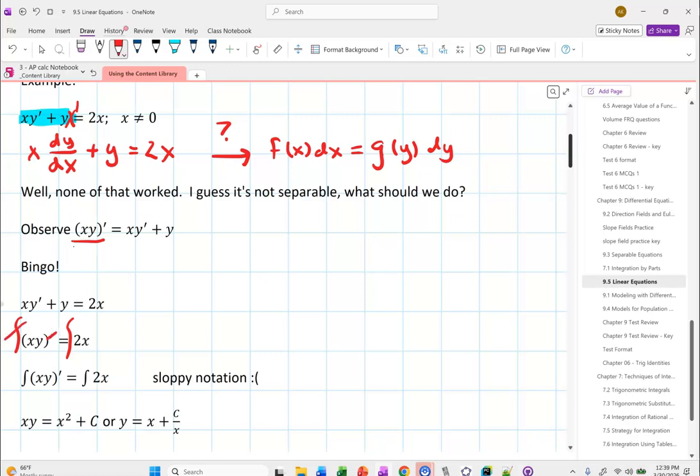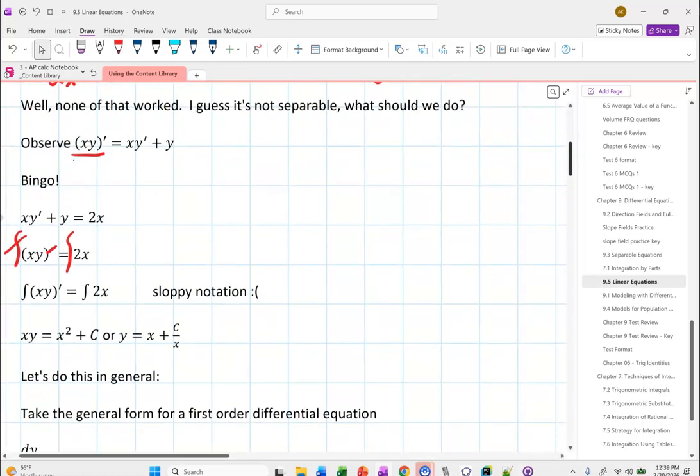The integral will cancel the derivative, and I'm home free. Everybody's okay with that idea? Now, in this specific example, it was tailor-made that the left-hand side just condenses down to a product rule derivative. That won't necessarily always be the case. So what we're going to do is we want to find a function that we can multiply to both sides of this equation that guarantees the left-hand side condenses down to a product rule derivative.